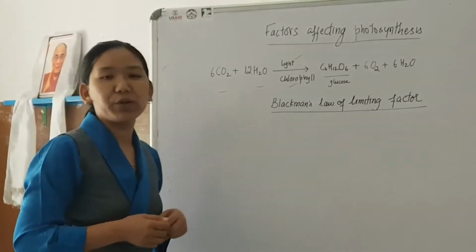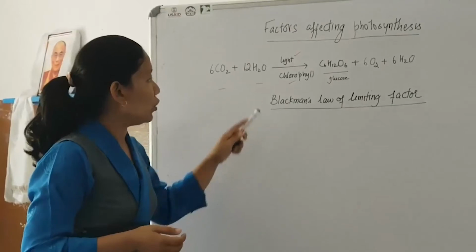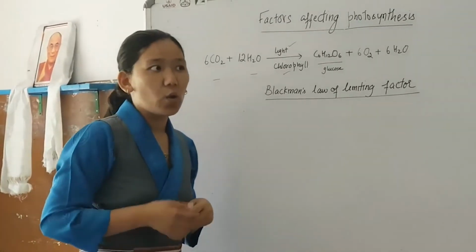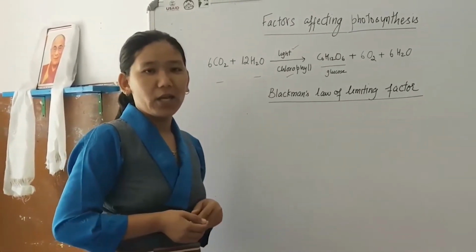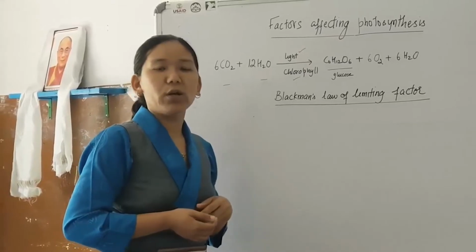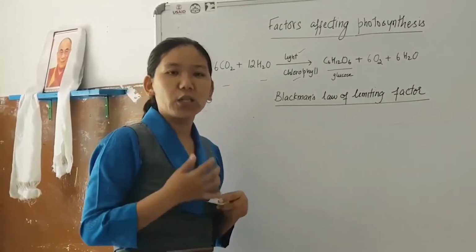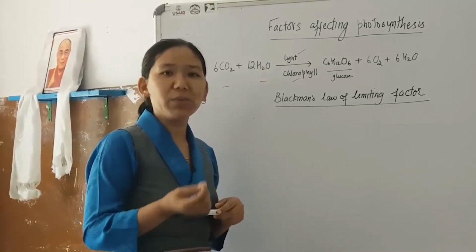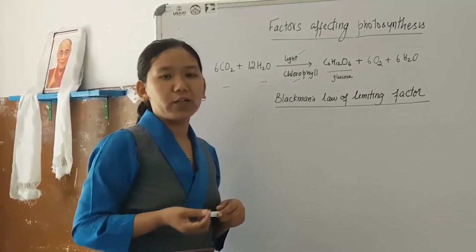So here the chemical reaction is photosynthesis. So according to this, when more than one factor acts on a particular type of reaction, the factor which is at its minimum value will affect the reaction.